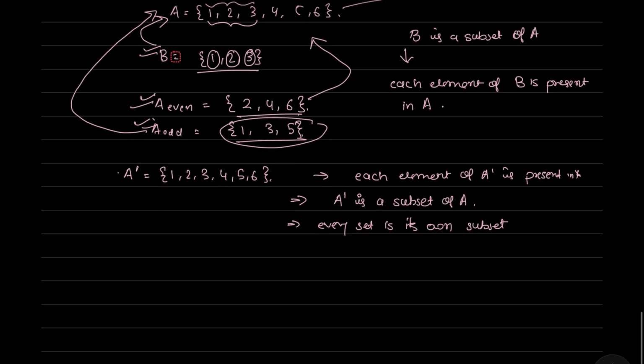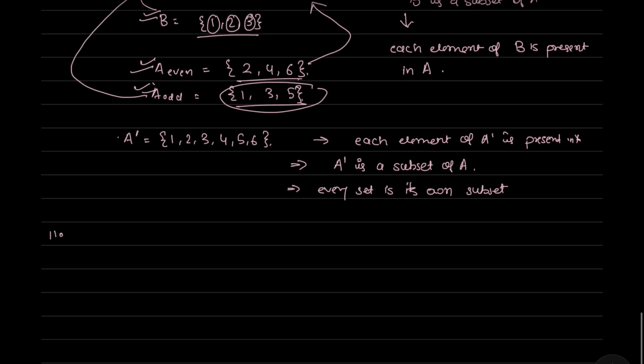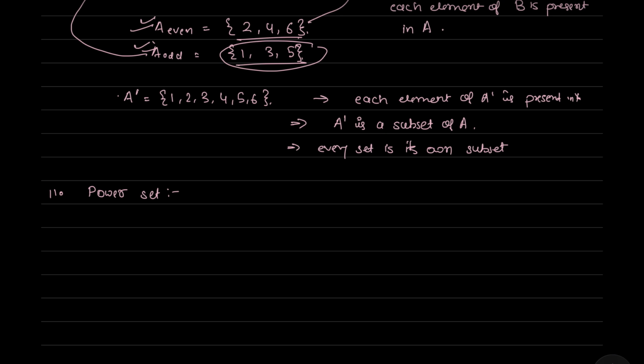The next and the last topic that we have to study in types of subsets is the power set. Now that you have understood what a subset is, if I make a set of all possible subsets of a set, then it becomes a power set. The definition is as follows. Power set is always defined with respect to a set.